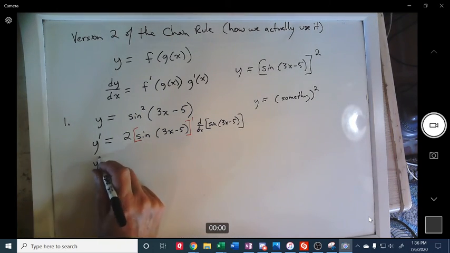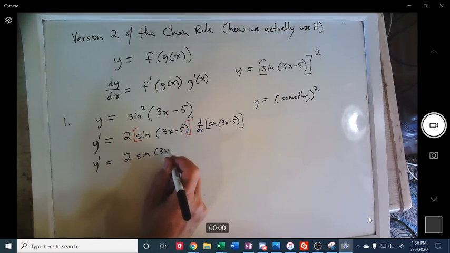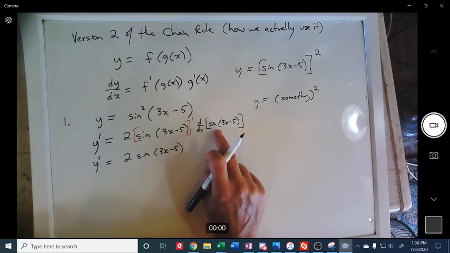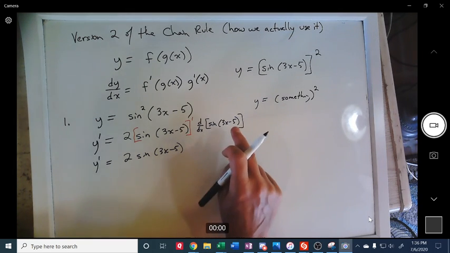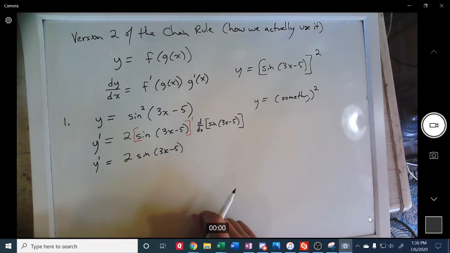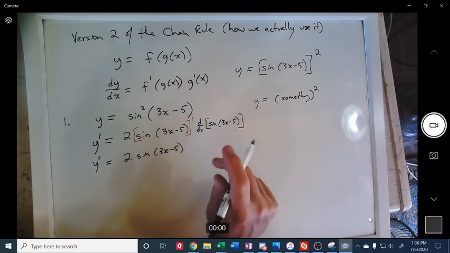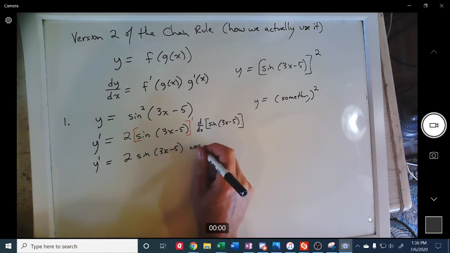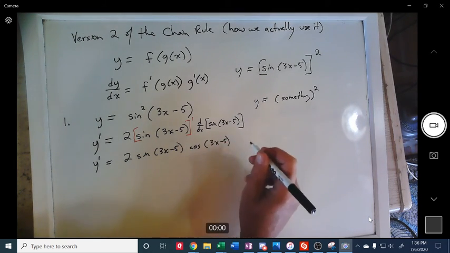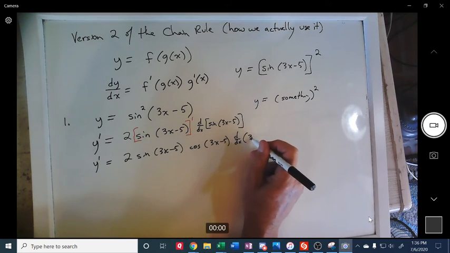All right, so then, this is the sine of 3x minus 5. Now here is another application of the chain rule, because you have a function within another function. We just focus on the outermost function. Think of this as the sine of something. The derivative of the sine of something is the cosine of that something, times the derivative of the inner one.